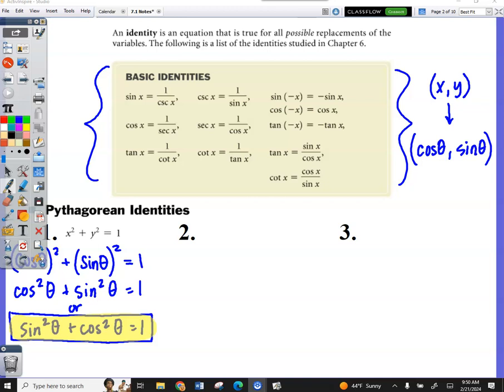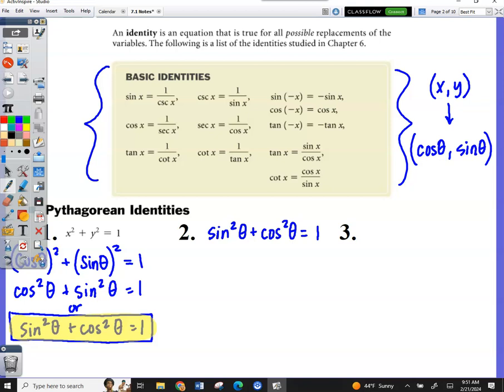Now, we're going to repeat this exact same process, but we're going to stem from this one. We're no longer going to do x, y, and 1. We're going to stem from sine squared plus cosine squared equals 1. So I want you to bring that over here. Now remember the rules of equations.